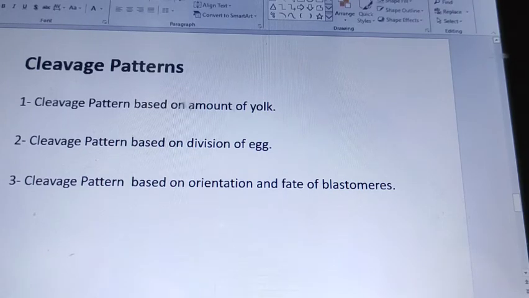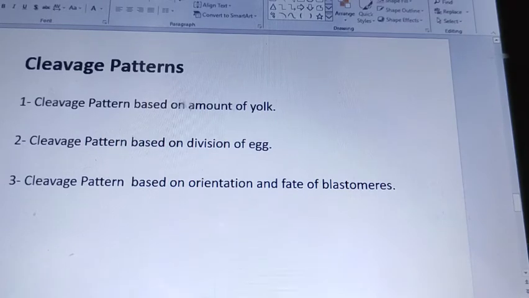So it means the cell will divide itself into two equal halves. Cleavage that cannot completely divide the embryo due to large quantities of yolk is called meroblastic. These embryos develop around or on top of the yolk.